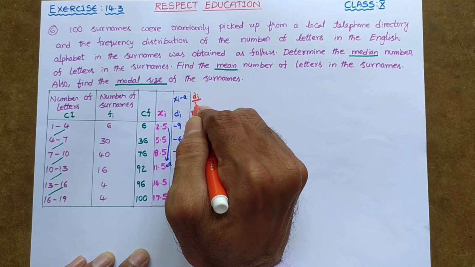So here H is 3. So minus 9 by 3 is minus 3, minus 6 by 3 is minus 2, minus 3 by 3 is minus 1, 0 by 3 is 0, 3 by 3 is 1, 6 by 3 is 2. So we have Ui values also ready.